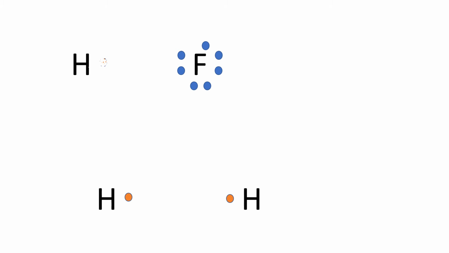It loses that electron. The electron goes over to fluorine to complete its octet. So we said there was really a lot of energy benefit to completely filling that shell. So here we've done so. Now, this is going to have a 1- charge on it, and it's going to leave this hydrogen with a 1+ charge on it. And they're going to be bound to each other by an ionic bond.